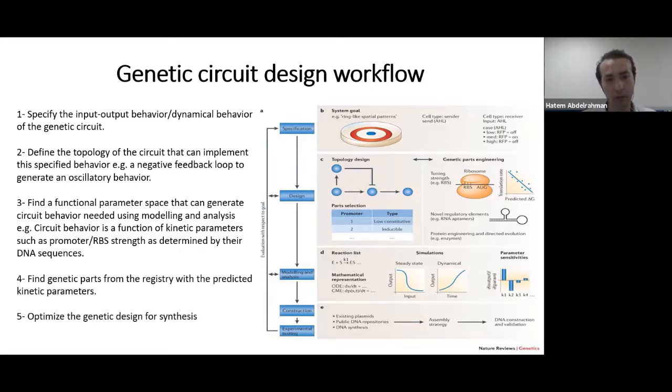This is finding the functional parameter space. You have a model, I told you about modeling. You model your genetic circuit, you simulate it, and you analyze its behavior. Based on your simulation analysis, you can make predictions on the optimal genetic sequences, or optimal genetic parts, that will populate your circuit architecture.